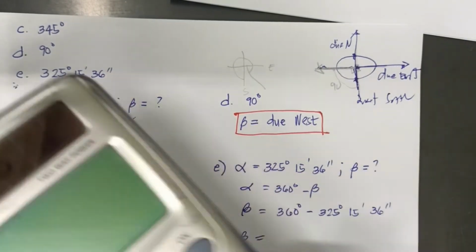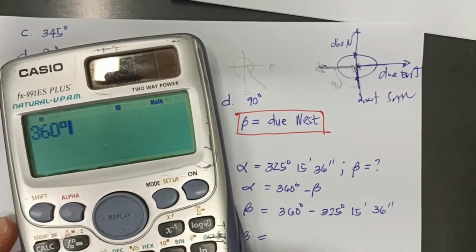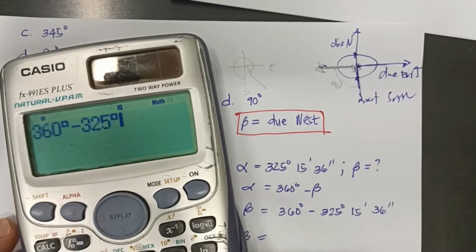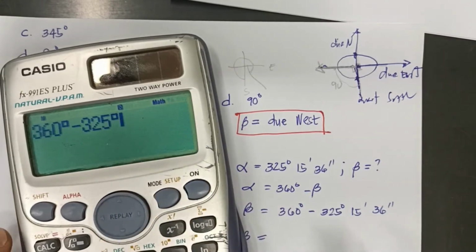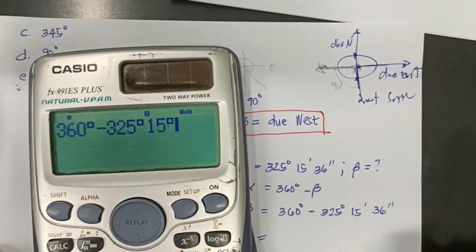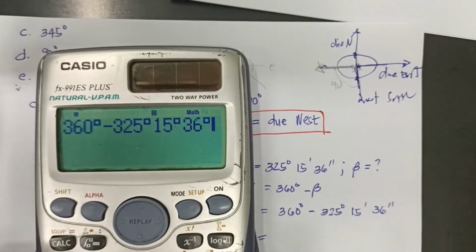You may substitute, or you may use your calculator. I just want to show you how to use this one. You have 360 degrees, you press the DMS key, minus 325 degrees, press the DMS key again, then 15 for the minutes, and 36 seconds.